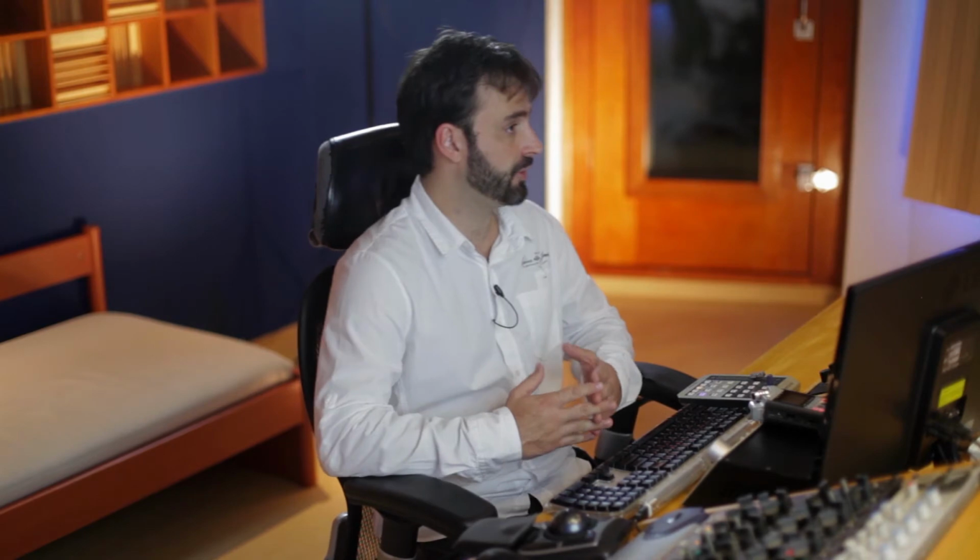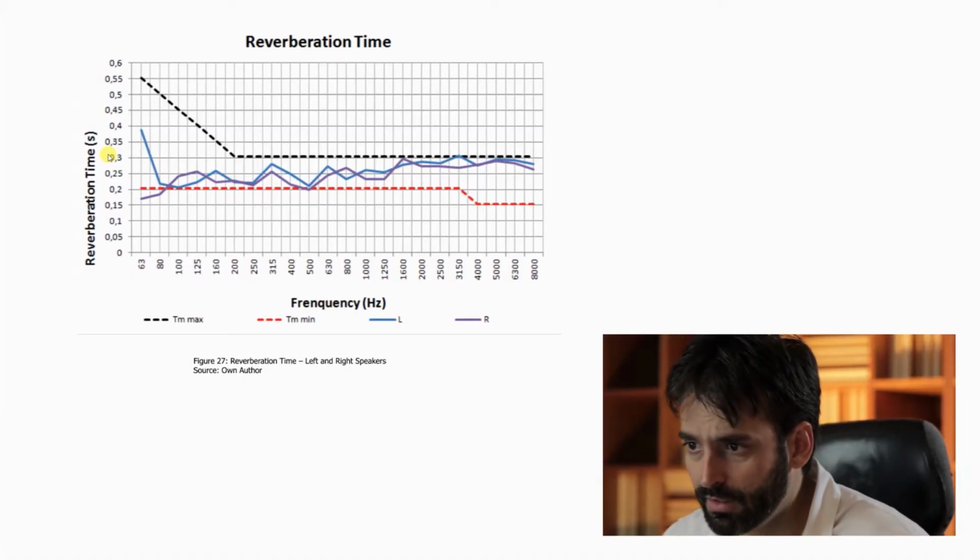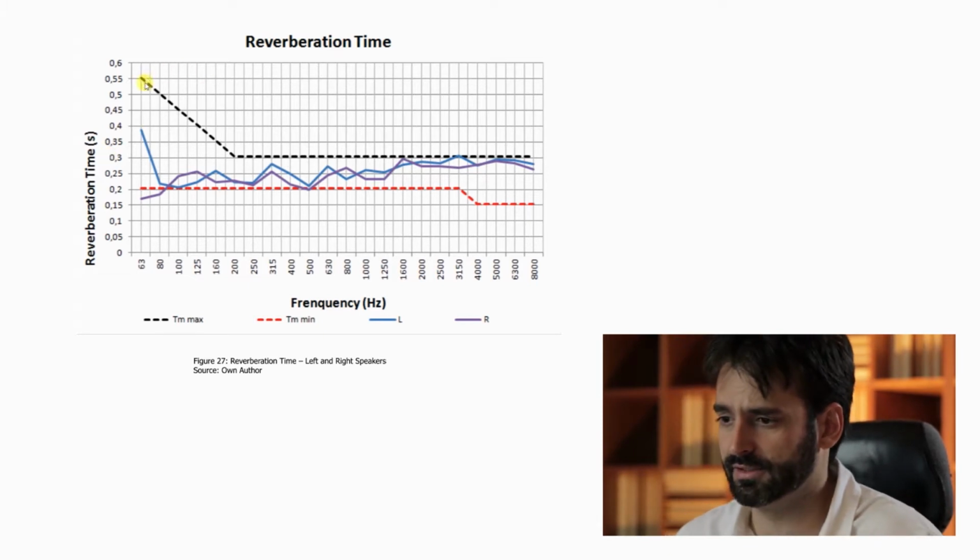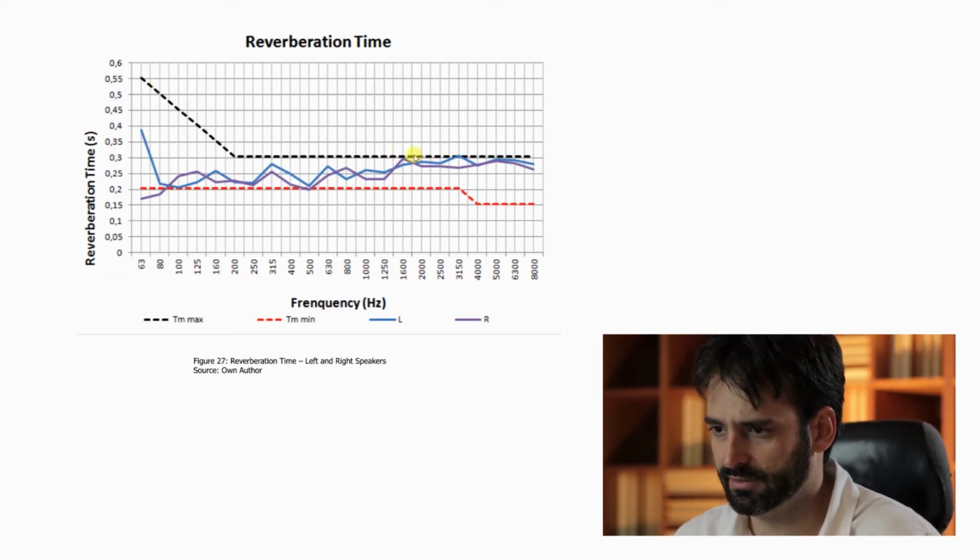This figure graphically shows the measured results of reverberation time as a function of frequency in the control room. Again, the black line is the maximum TM, right? And the red is the minimum TM.